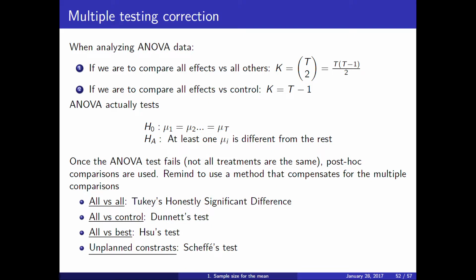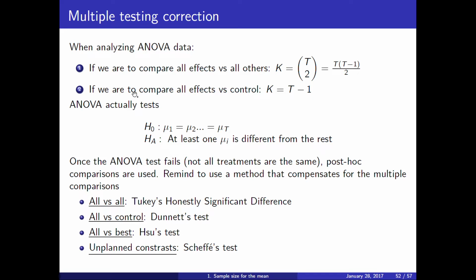Also, this multiple testing appears when you are, for instance, analyzing ANOVA data. Once you reject the null hypothesis of the ANOVA, that is, the mean of all groups, at least two of them are different, and you have to find which two are different, and then you would do pairwise comparisons, all versus all.